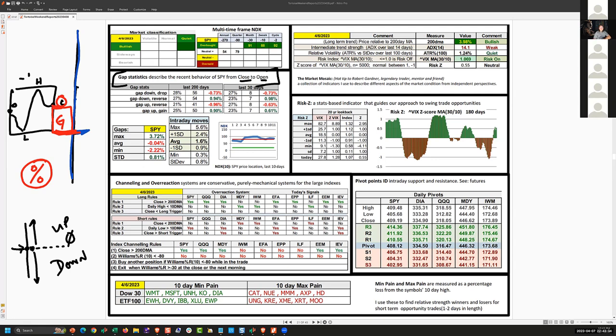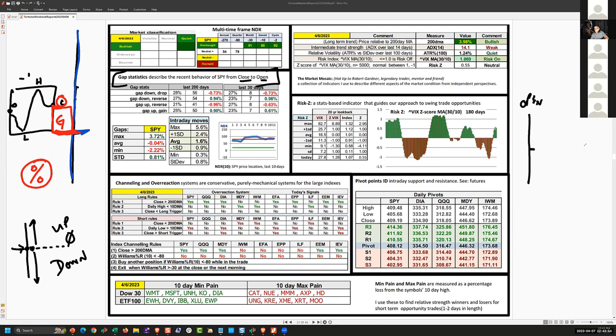Now we're going to take a look at the follow-through over here on the right side. Sorry, let me draw that better. Now I'm over here looking at the open.